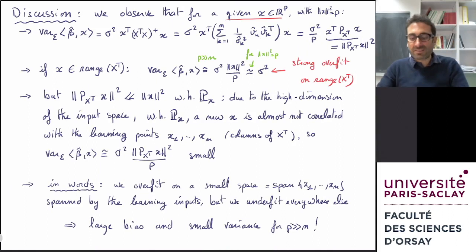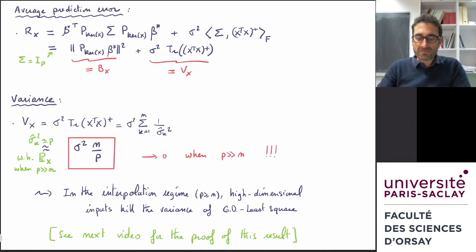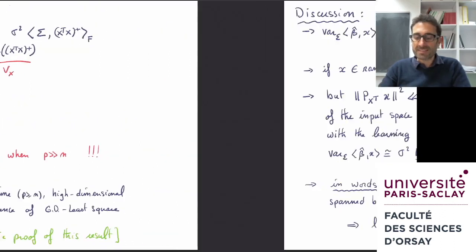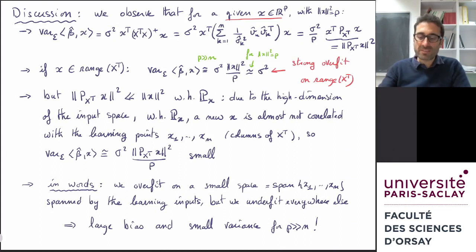So let me discuss this result a little bit. Here we have considered a risk which is integrated with respect to small x. So let me take a given x, let's say with a norm equal to sqrt(p).